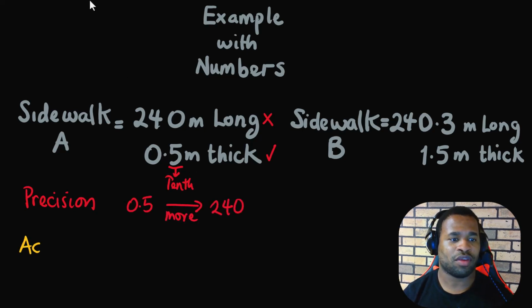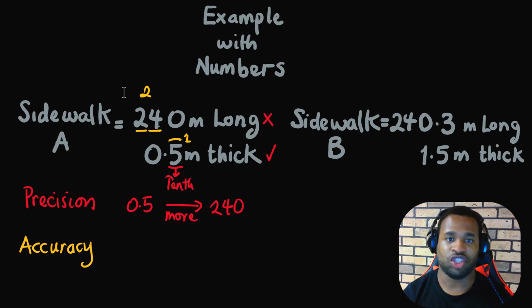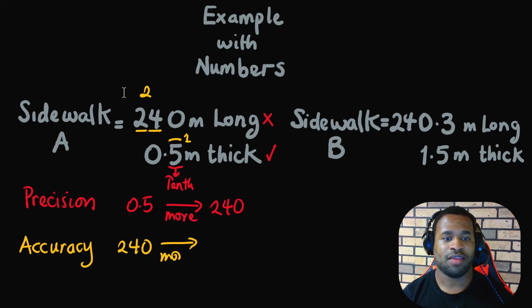For the accuracy, when it comes to what is the significant digits that are present here for sidewalk A length measurement, this shows that we have 2 significant digits. However, this here has what? Just 1 significant digit. Therefore, our 240 here is more accurate than that of the number, which is 0.5.